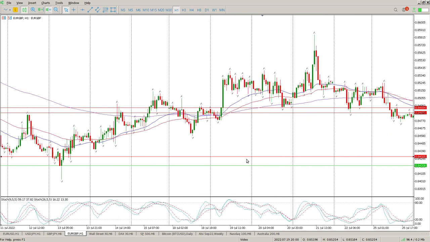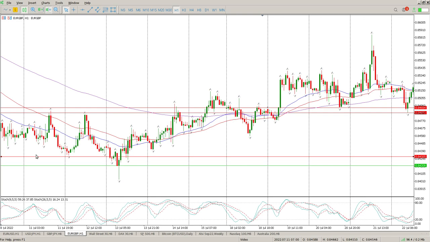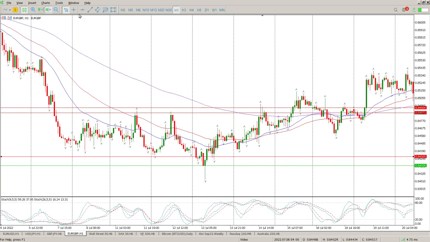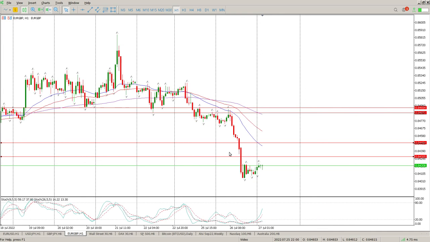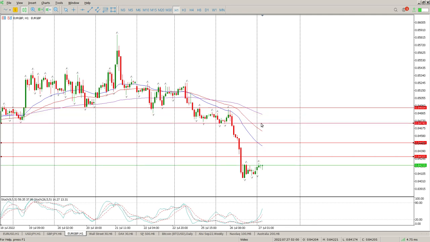If you get above that, then if you look to the left, you will see all this chaos inside that area. So you could get a pullback as high as 0.84495, and don't count out a pullback all the way up to 0.84734.